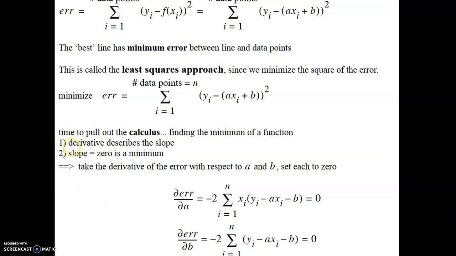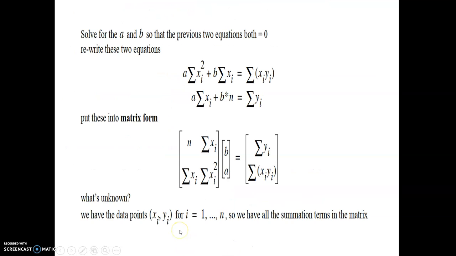Now here, as we are having two constants or two variables a and b, we take the partial derivative of this error with respect to a and the partial derivative with respect to b. So to solve for a and b, we set both of the previous two equations equal to 0.